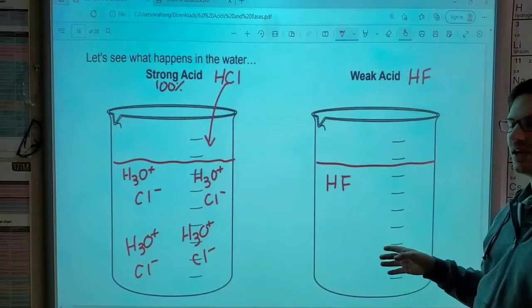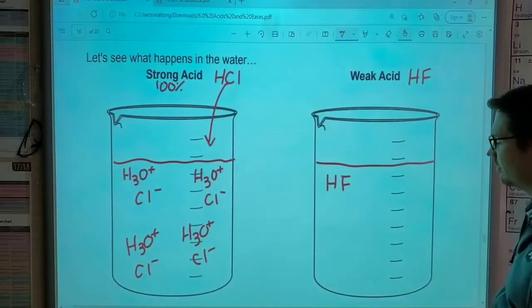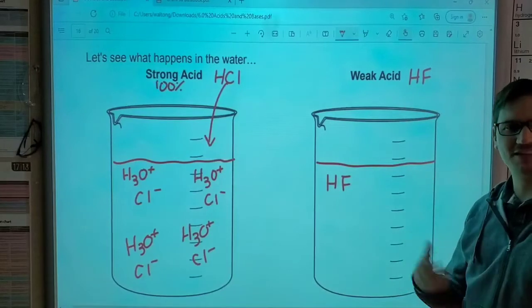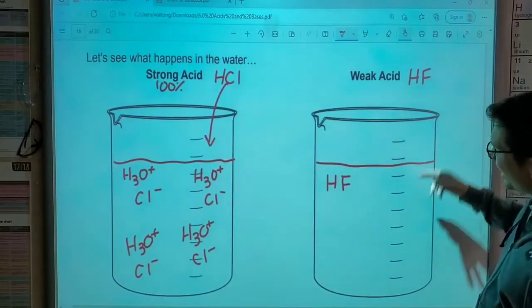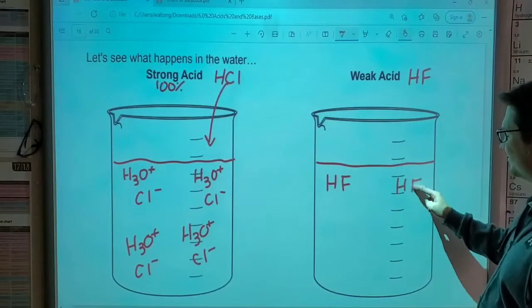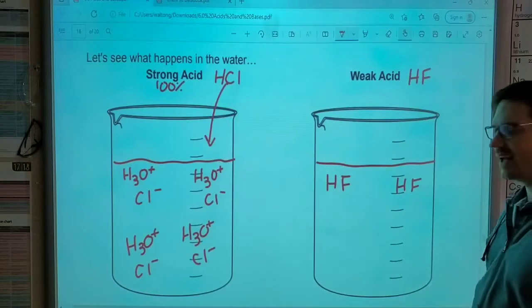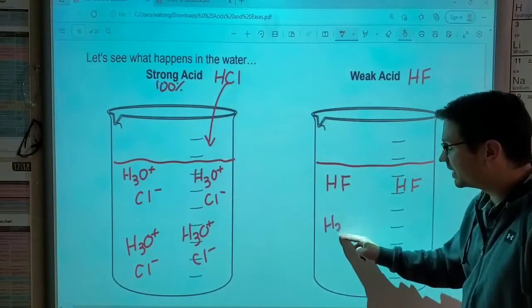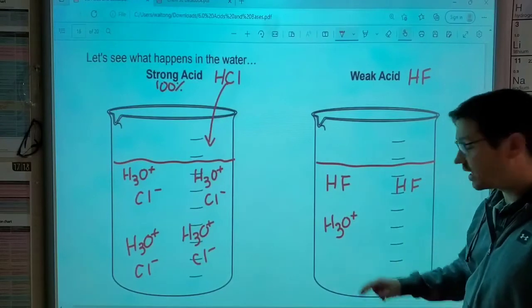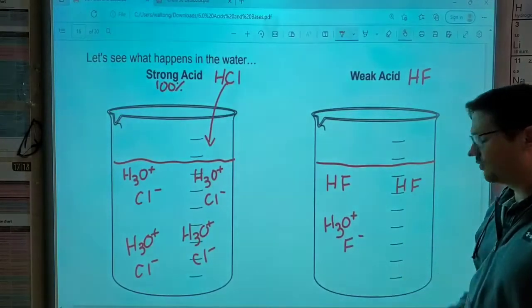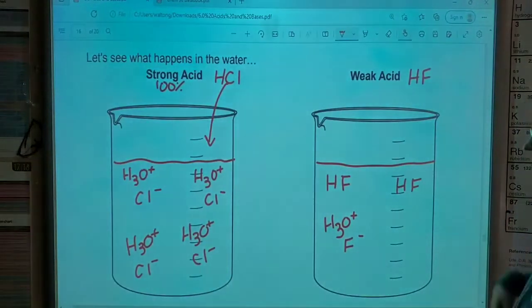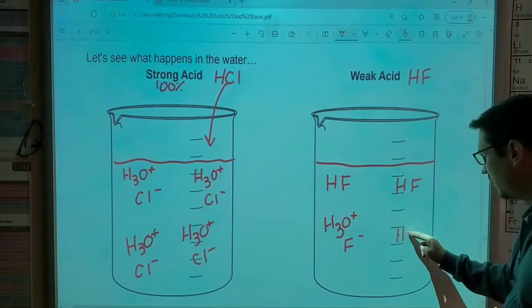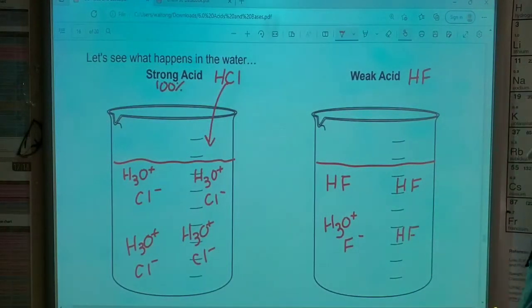Maybe the first one does, but just for the sake of this argument, I add 1 HF and it doesn't react. I add another one, the second one still doesn't react. I add a third one, okay, maybe the third one does react. It does make hydronium and fluoride, but then I add a fourth one and it doesn't react.